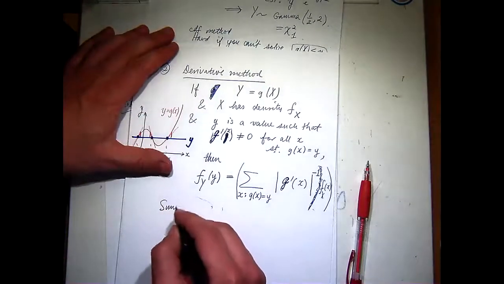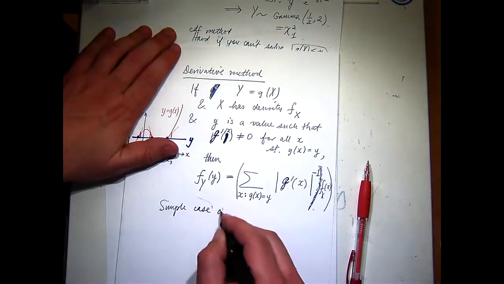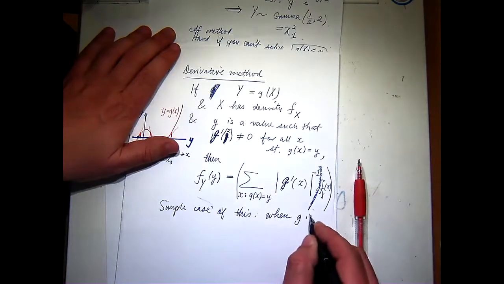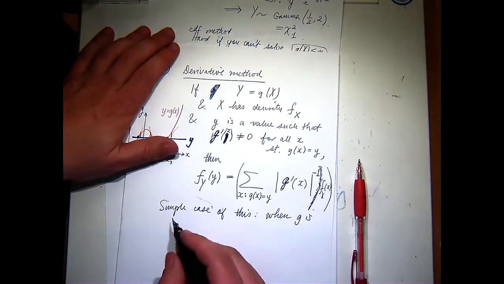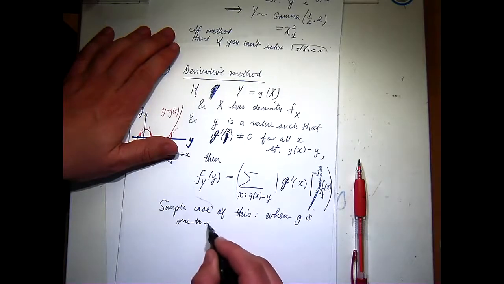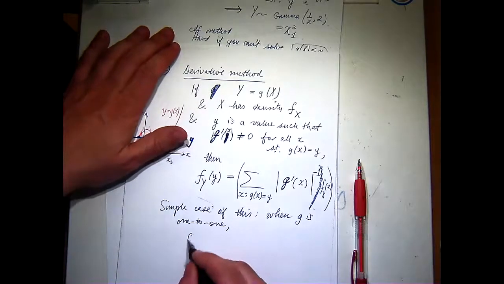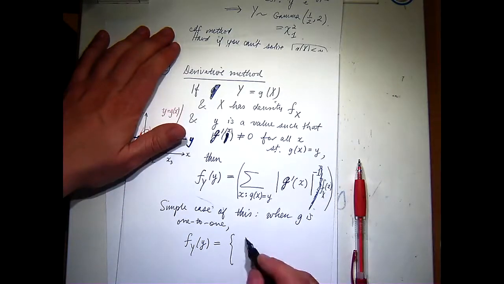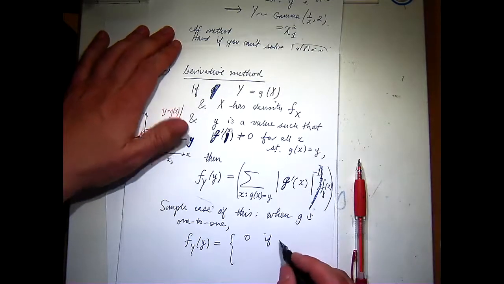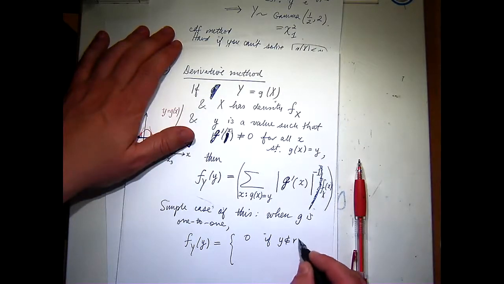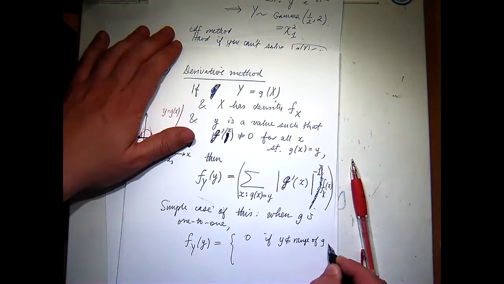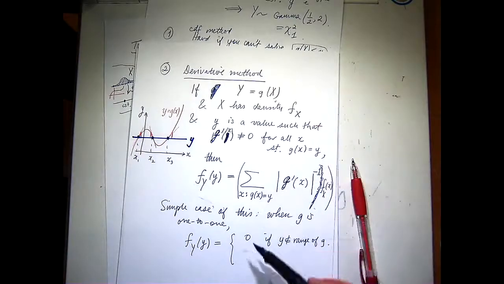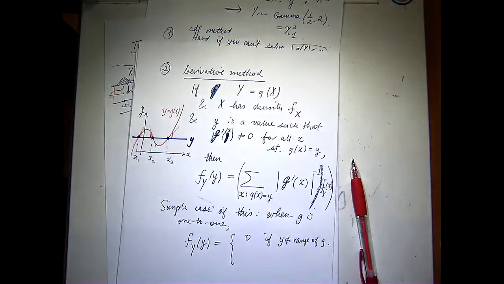Let me give you the simple case of this. When g is bijective, or just 1-to-1, f_Y of y, the density of y, is 0 if y is not in the range of g. Because y equals g of x, so if it's not g of something, then there's zero probability of getting it.